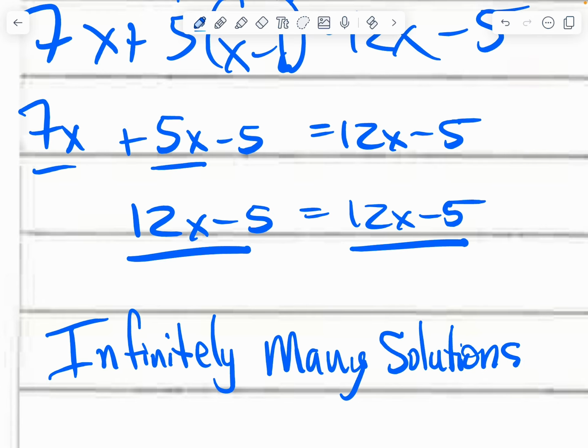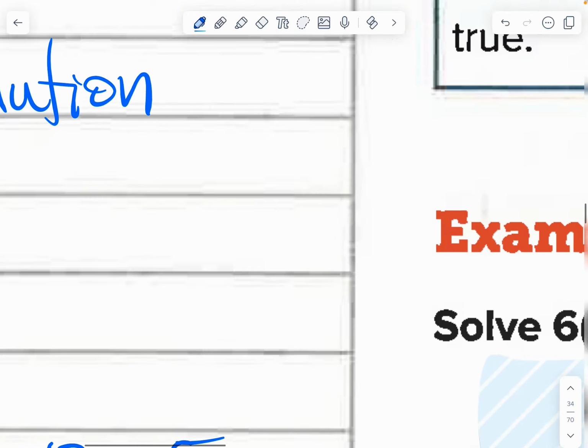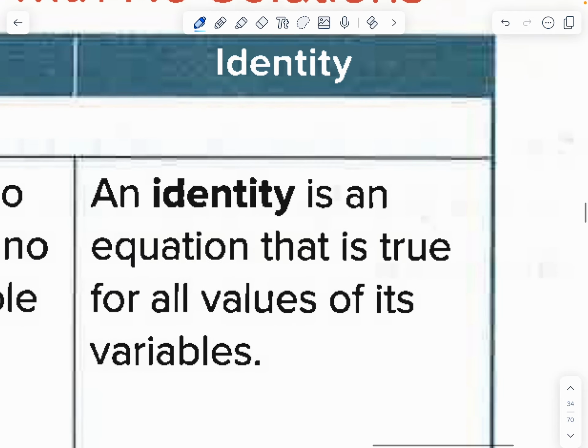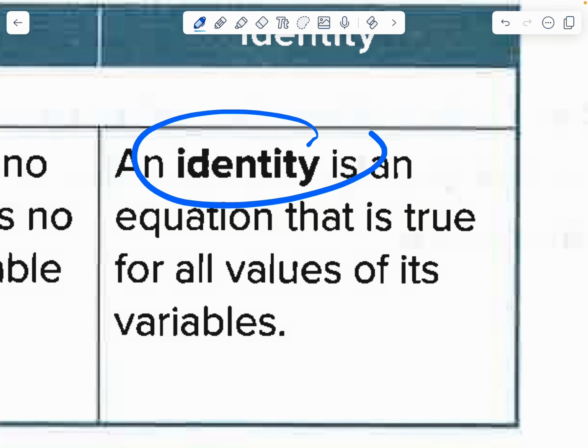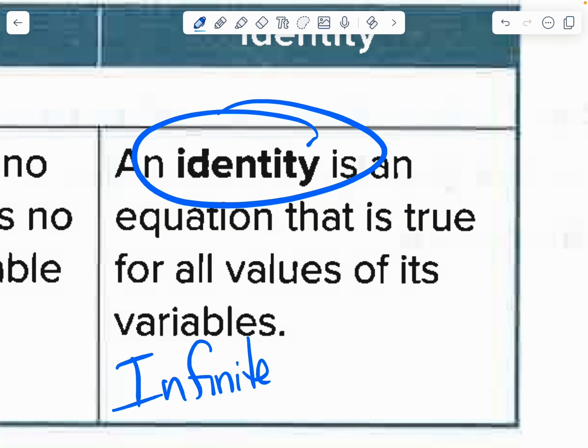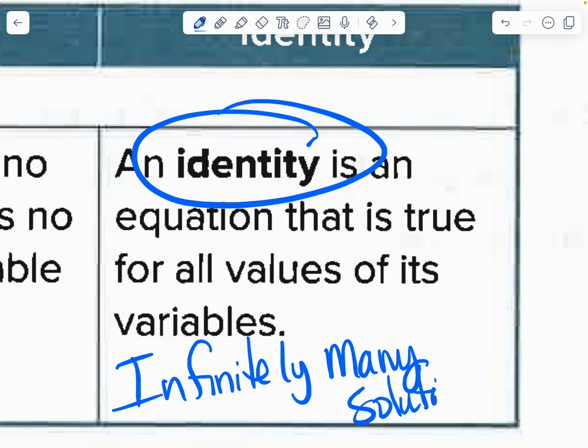Now, this book teaches it as identity. An identity is an equation that is true for all values. So identity and infinitely many solutions are the same thing, okay, in this instance.